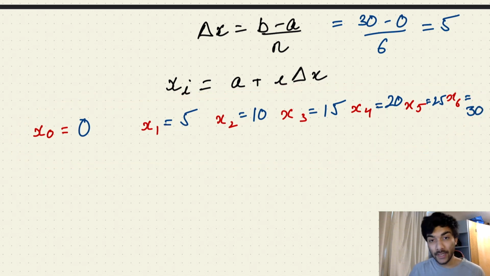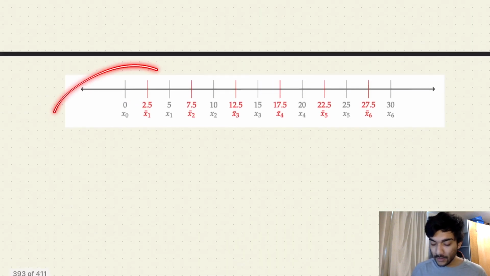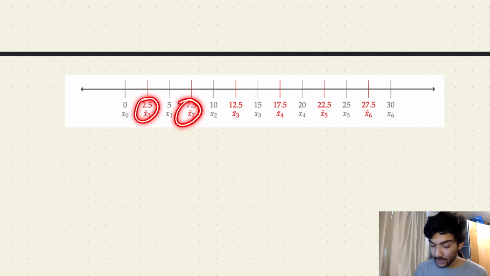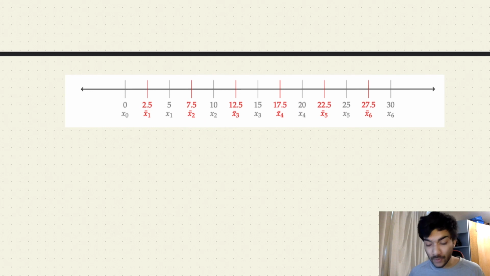In order to calculate the xi's for your midpoint rule approximation, you'll calculate the midpoints of these values, right? It's easier to plot them on a number line and then calculate the midpoints based on your xi's. When you do that, you'll get your xi's for your midpoint rule approximation, which you can see on the screen as well, right?